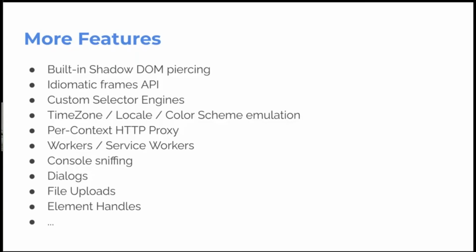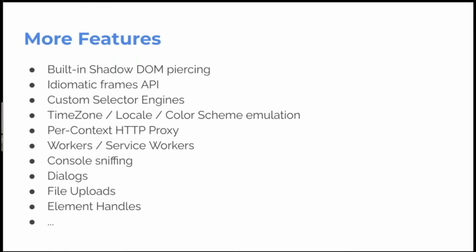Everybody loves this. Next one that I want to mention is custom selector engines. So you can extend Playwright and teach it to work with your React application. And you can say, for example, page.click React equals, then there is your form and shape of React selector that you can come up with. And there is even a third-party library that already does this for React.